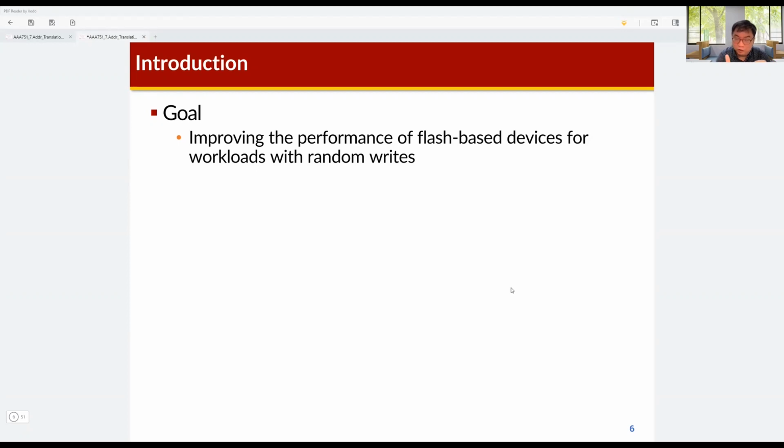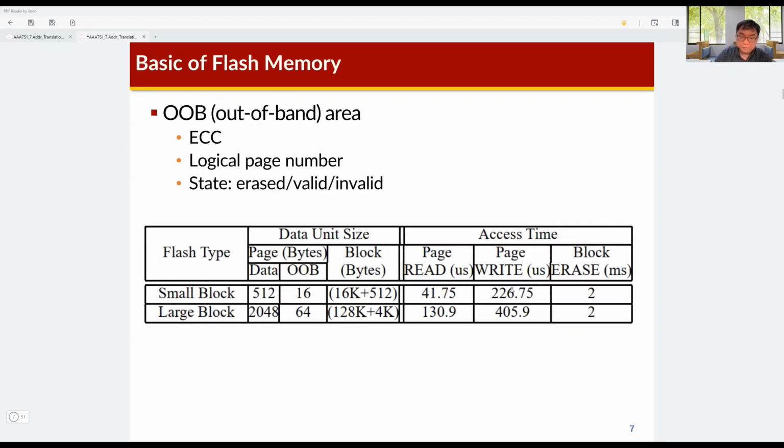It requires the complex management algorithms, and also FAST requires some additional reads or additional writes for merge operation. Then in order to avoid these merge operations for random writes, if we apply the page level mapping, then we can avoid this high performance overhead by merge operations. That is the main idea of this paper.